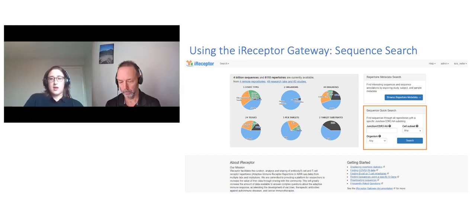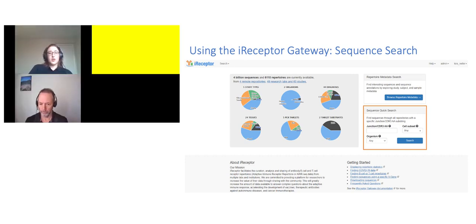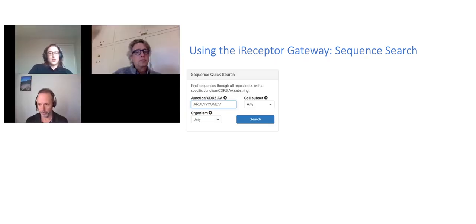And now we'll walk through the sequence quick search. As the name suggests, it is quite quick. All you have to do is type in your junction or CDR3 amino acid sequence of interest. So here I'm using the same one that Brian used in his demo before, when he was querying using the ADC API.